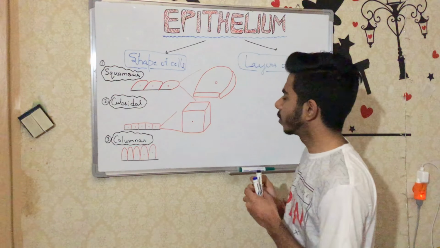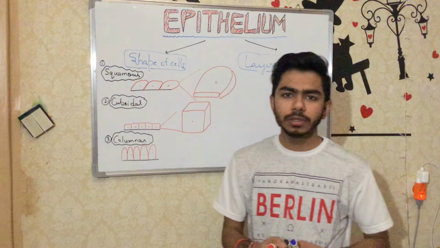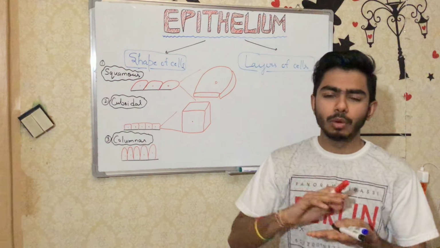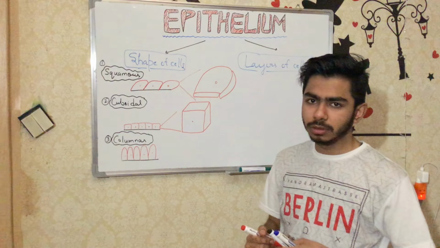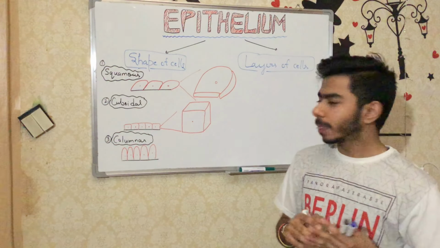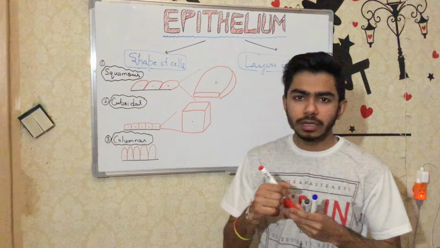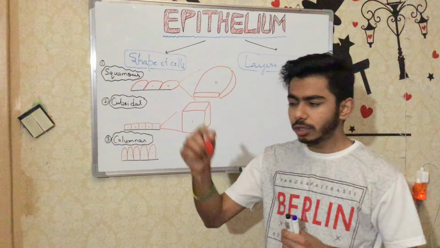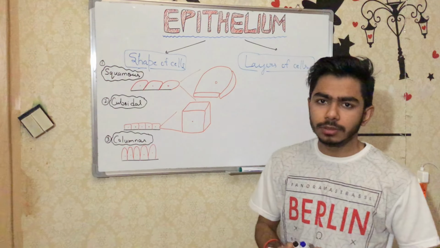So you can recognize these epitheliums in the microscope by their structures. For example, if they look flatter, they will be the squamous epithelium. If they look equal in size, the shape of the cells being equal, they could be cuboidal. Or if they are taller, they could be the columnar ones.